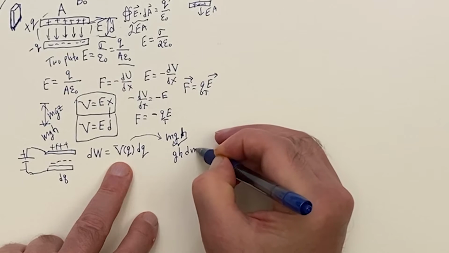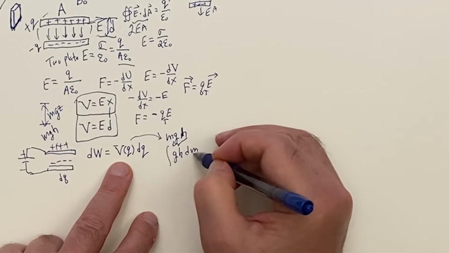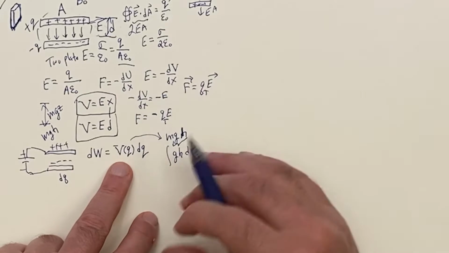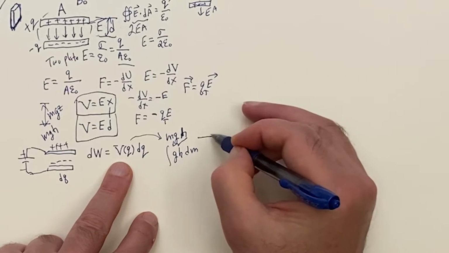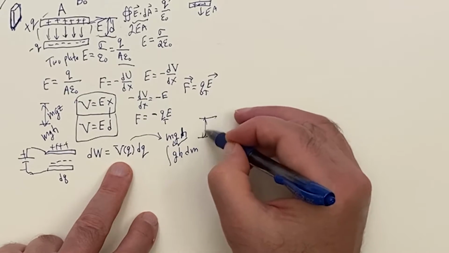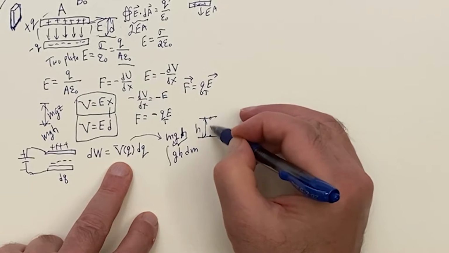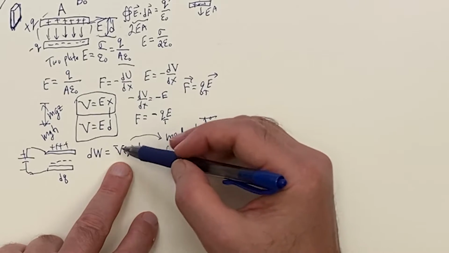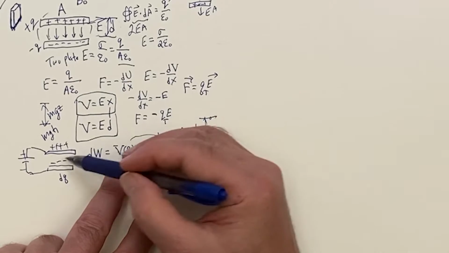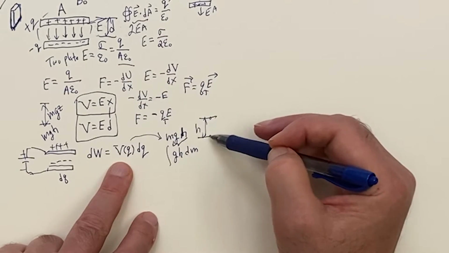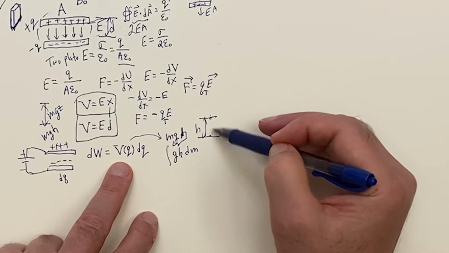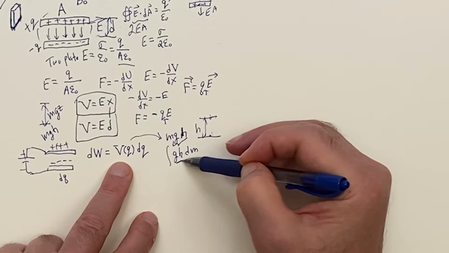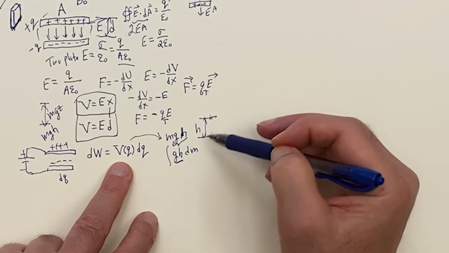If you had a dm, you would integrate, taking all these masses, all these stones, and picking them up to a height h. The only problem here is that when you put the charge up there, you're actually changing the difficulty, while with the stone, each one is the same difficulty. This is a constant, so an easy problem.